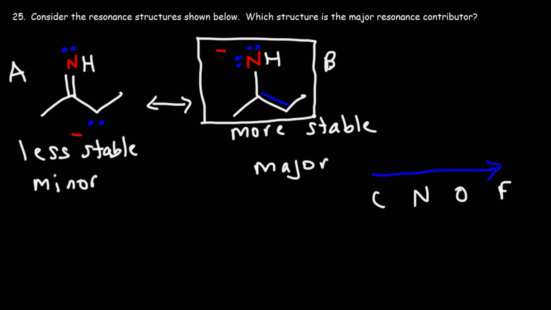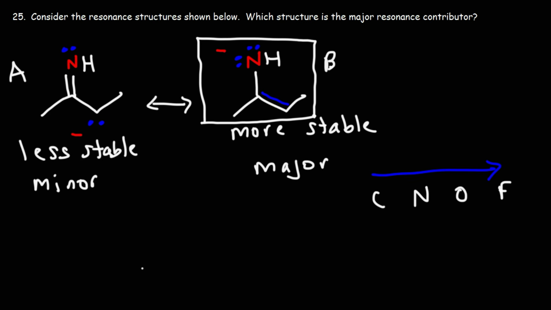Now, how can we draw the resonance hybrid? Because the true structure is not purely B, it's a mixture of A and B. Because B is more stable than A, the true structure is going to look more like B and less of A, but it's still somewhere in between.